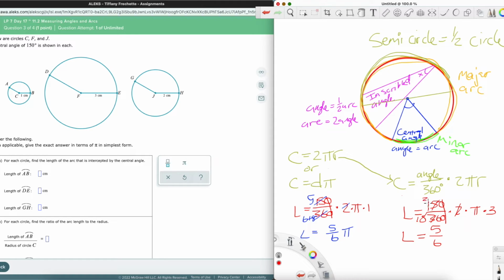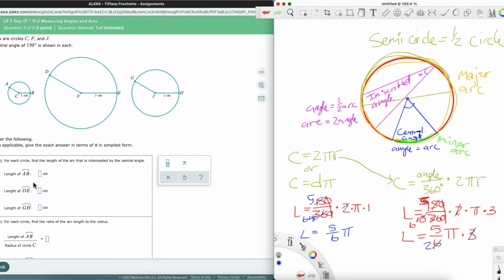So 5 over 6, because it's exactly the same for this beginning part. What's going to change is, instead of it just being pi on the end, there's still a times 3. So now I need to deal with that piece, because 6 and 3 can cancel out. 6 divided by 3 is 2. So I'm going to put 5 over 2 pi.